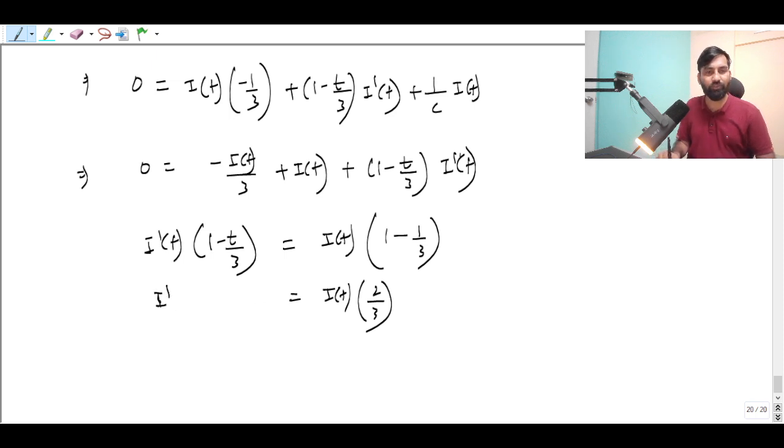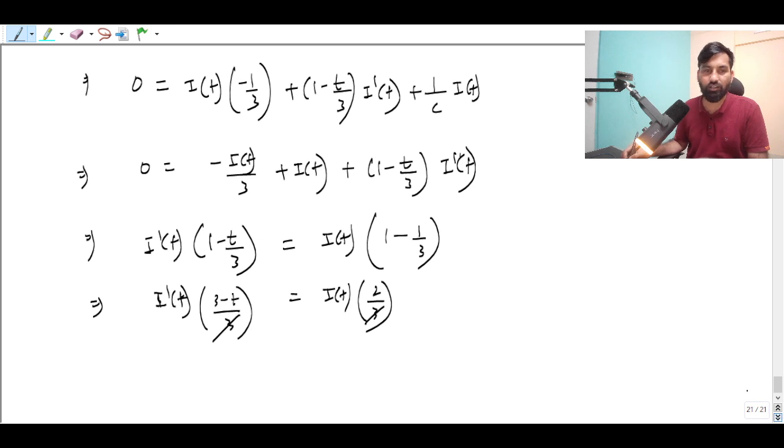And you can also simplify this side, so I dash t, that is dI by dt, times 3 minus t by 3. Now 3 is on both the sides, so you can just cancel this 3 and this 3.